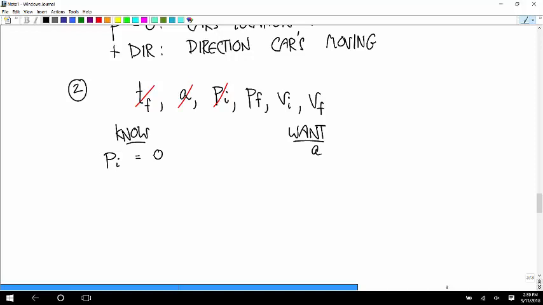Do we know the final position? Okay, so we know it's 30 meters away from the initial position. And now we have to think about, is it positive or negative? We chose our positive direction to be the direction the car is moving. So is P final going to be plus 30 or minus 30? Yep, plus 30 meters.